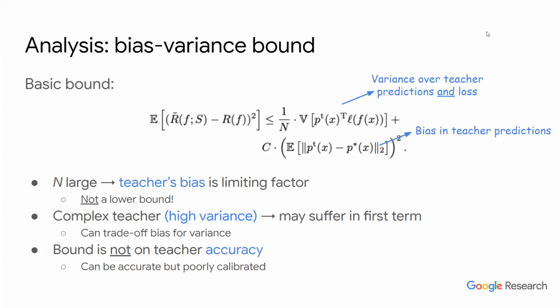This is really important. I'll cover that later in some other figures. Basically, you may want a very complex teacher to have a very accurate model, so maybe the accuracy of the teacher can be really high, but it is also very complex. That will increase this term, and that can lead to a poorly performing student.